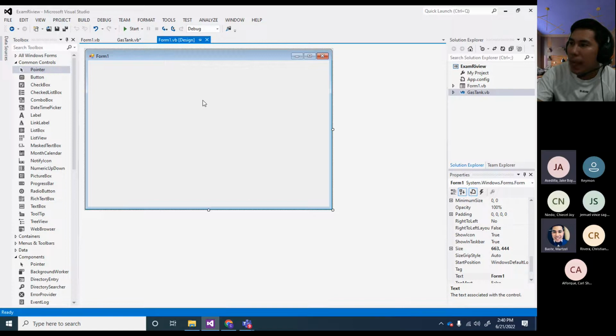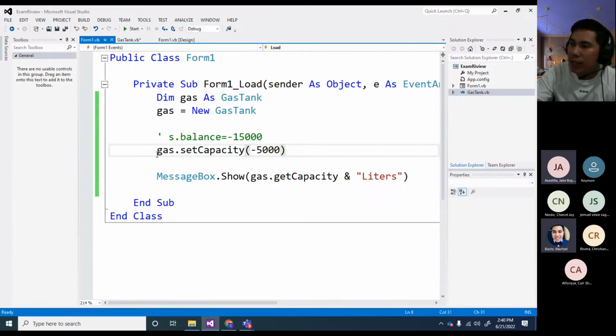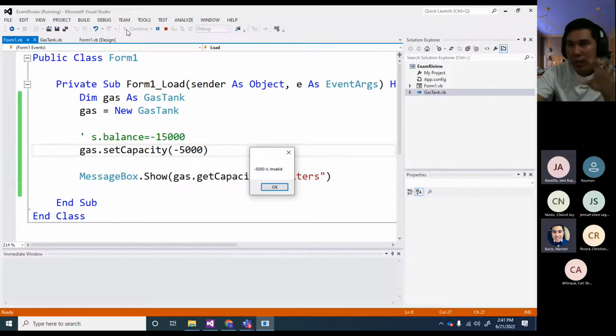So with this one, if we're going to run this, gas.set capacity kanina allowed sa iya na maka-accept ng negative 5,000. So na-resolve nato to siya. But this time, naa tay public na set capacity, but we can still store negative 5,000. However, nagbutang ta og business logic dito, and it displays na the capacity is invalid. So there's stoppage of the proceeding of the process.